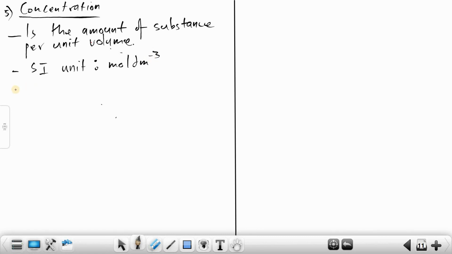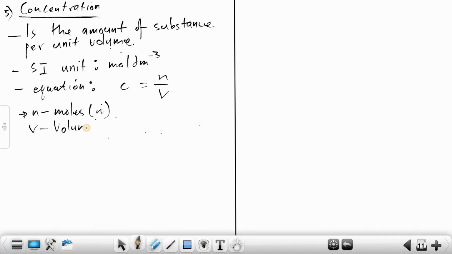And the equation now to calculate this concentration is just C is equals to N over V, where N is just number of moles and V, it's now volume, and it must be in decimeter cubed.